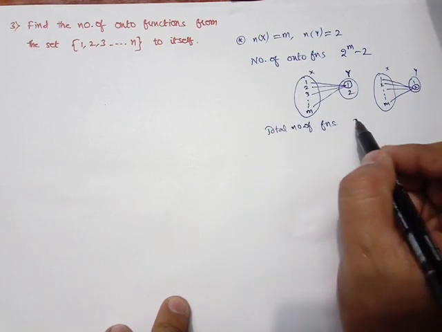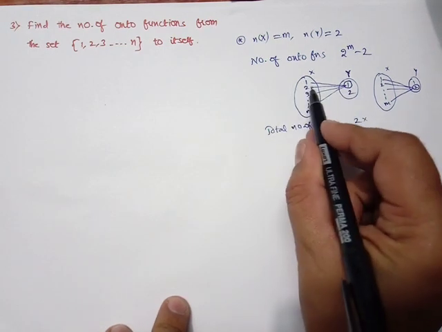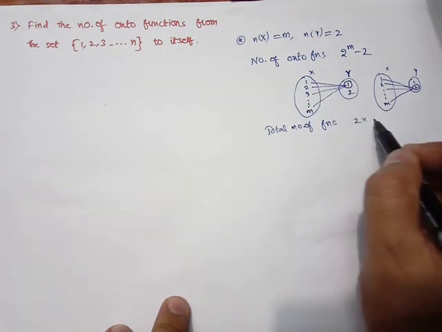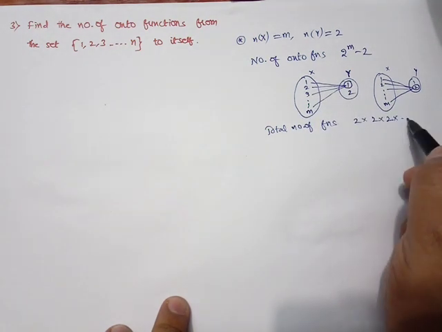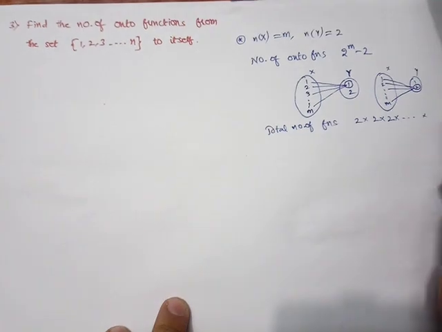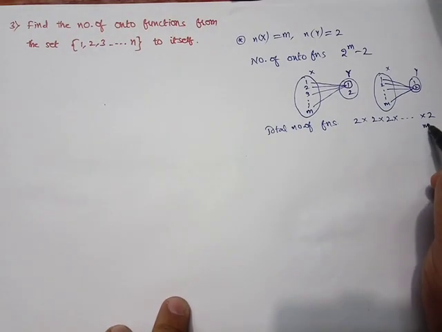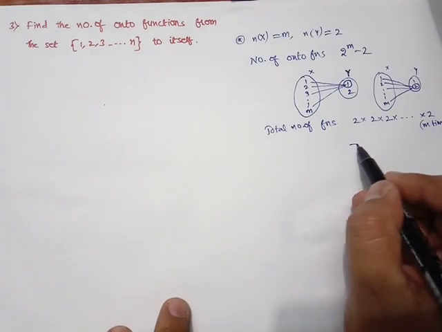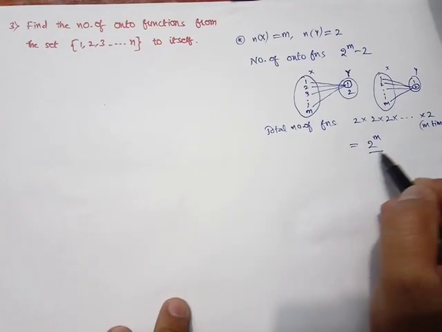The second element is also having two chances, the third element is also having two chances, and so on. The m-th element is also having two chances. So total it is m times you are multiplying, and this total is nothing but 2 power m.